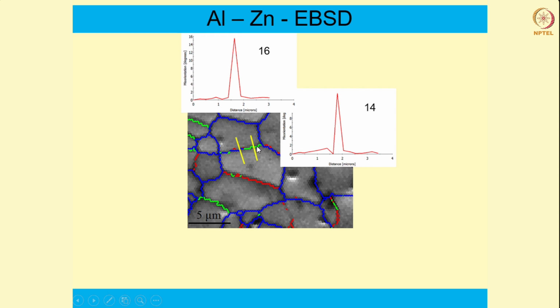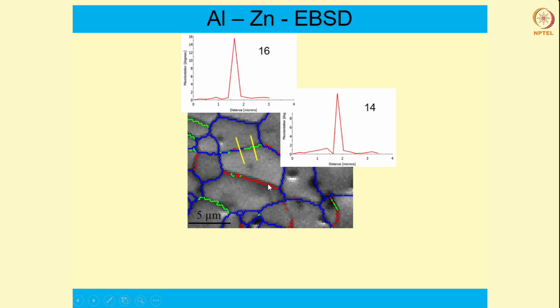So it has turned from low angle boundary to high angle boundary, from green within 15 degree to blue more than 15 degree. And since it is a mixed boundary, you can see it is not significantly higher than 15 degree. It is 16 degree. That indicates that it is evolving from low angle grain boundary to a high angle grain boundary.